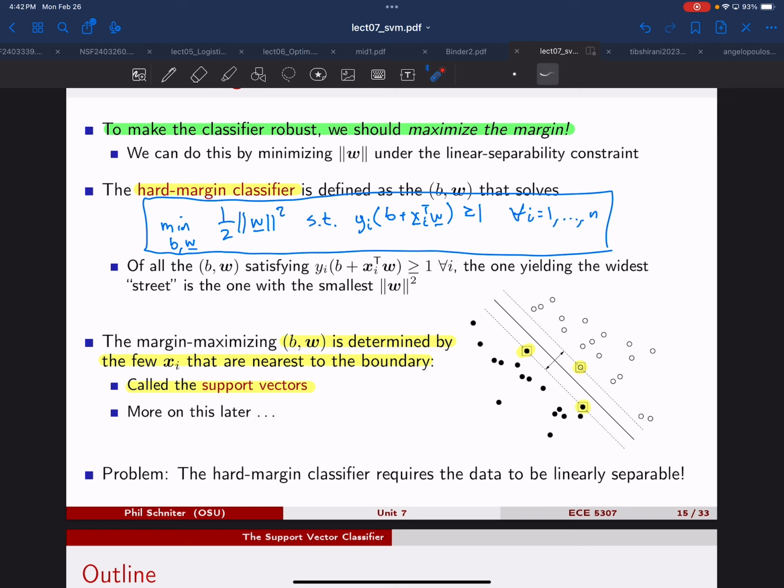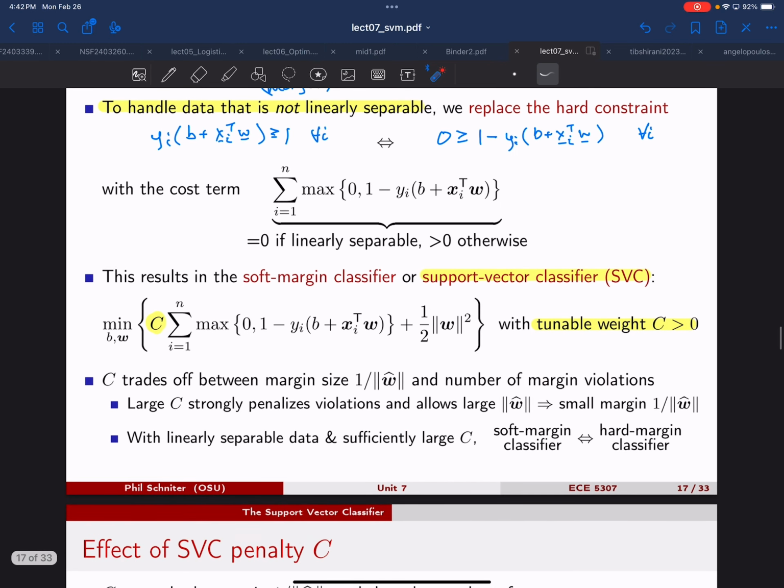That's what happens whenever this is violated. When this holds, it means that all the points are on the good side of the street. Okay. So by making C small, we allow some points to be in the street or on the wrong side of the street. Meanwhile, if C is small, we're allowing W to be big.